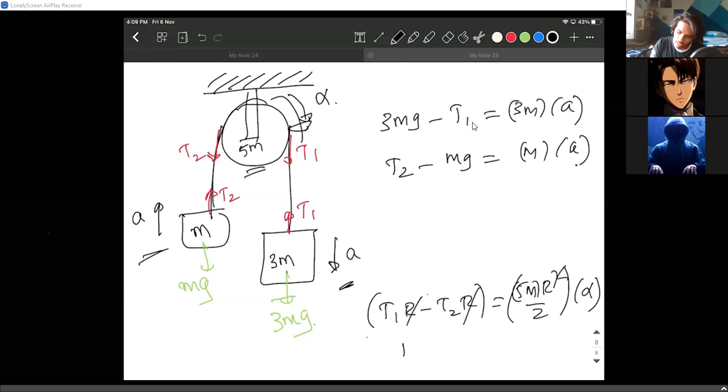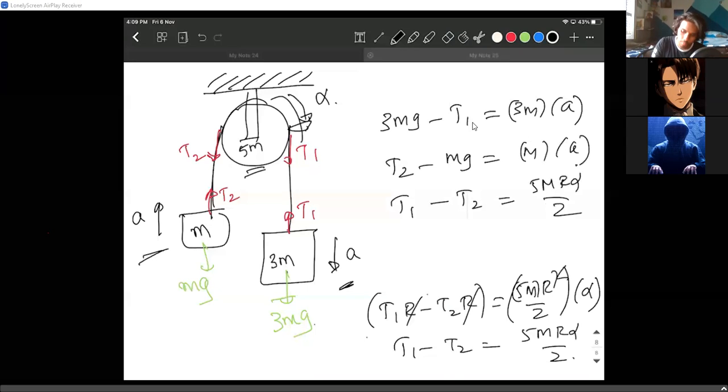R cancels. So I have T1 minus T2 equals 5m r alpha by 2.